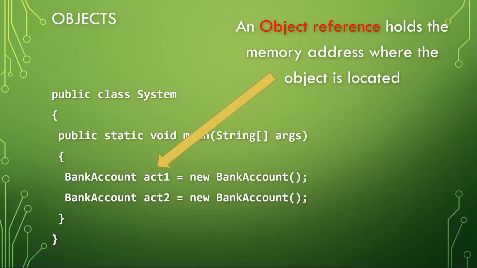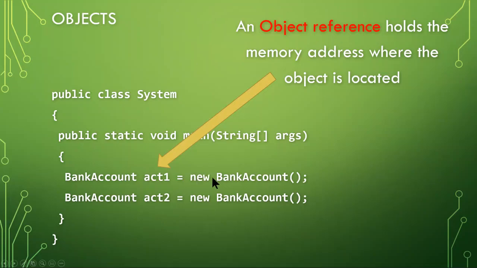So an object reference is stuff you've always seen. You've always declared one when you've made objects: you've made your class, you're instantiating the objects, and you've made a variable whose type is that class, and you've given it some name right here, and this is your object reference. This is a variable that in reality doesn't hold the object, it holds the memory address of where that object is created.